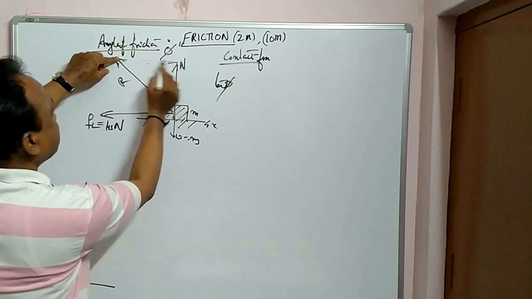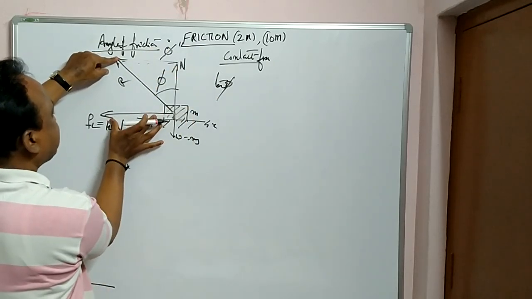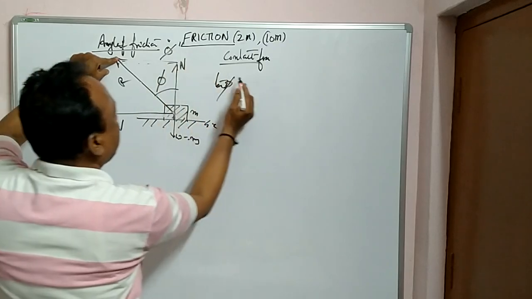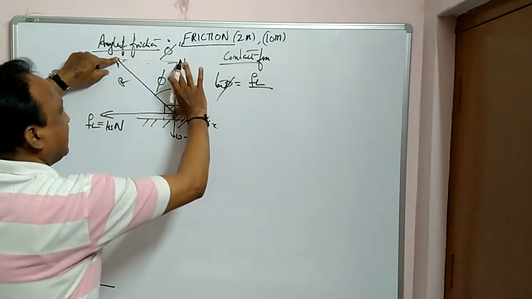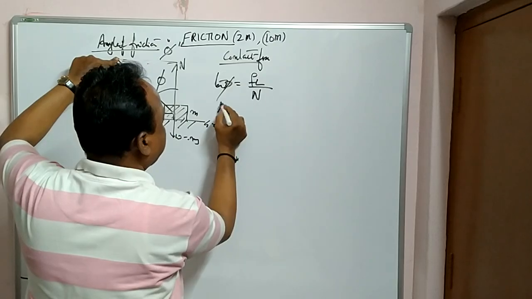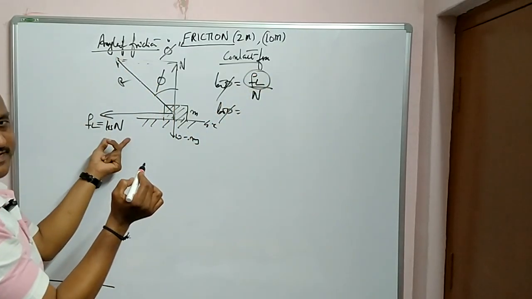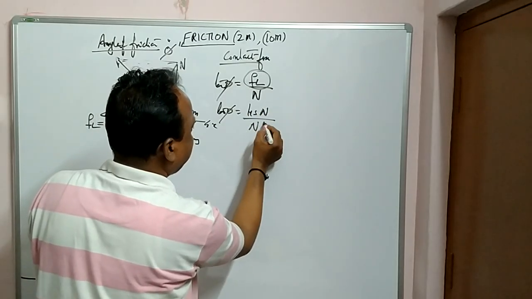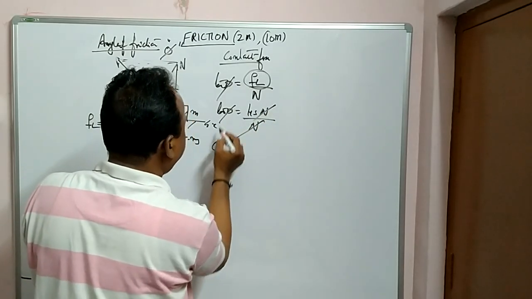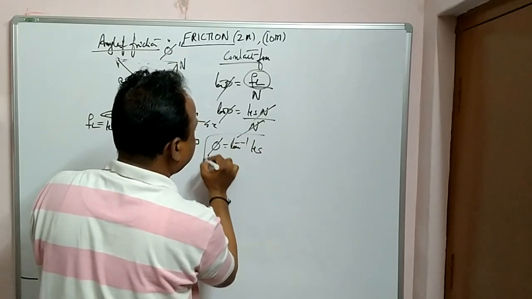Tan phi is opposite by adjacent: opposite is the limiting friction FL, adjacent is the normal force. So tan phi is equal to FL by N, which is μs into N by N. N gets cancelled. So phi is equal to tan inverse μs.